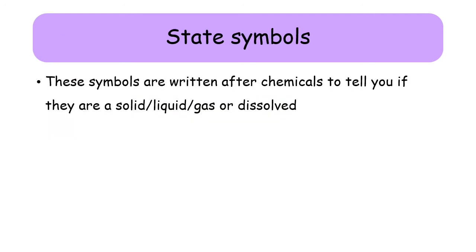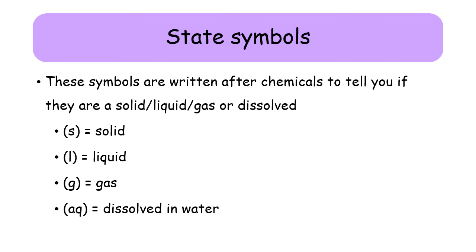Now, to help you know whether something is a solid, a liquid, a gas, we use things called state symbols. Now, these are small letters written in brackets after a chemical that lets you know if it's a solid, liquid, or gas, or if it's dissolved in a liquid. So if you have an S written after a chemical, that means it is a solid.